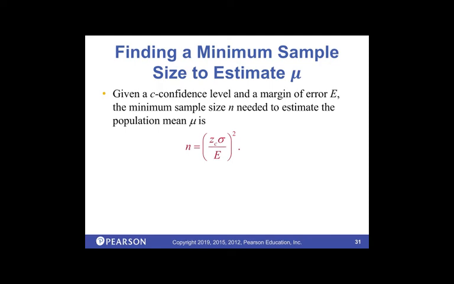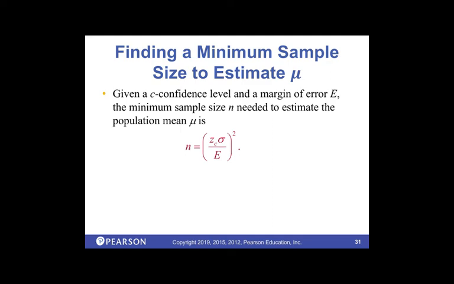So given a confidence level and a margin of error, the minimum sample size n needed to estimate the population average is given by this formula. What needs to be the size of our sample in order to estimate the population average?